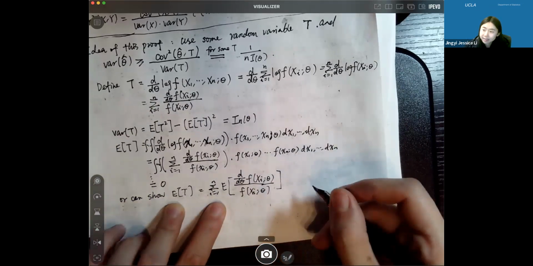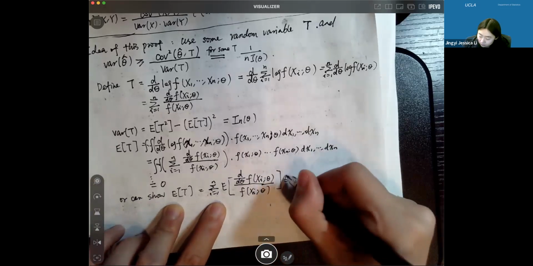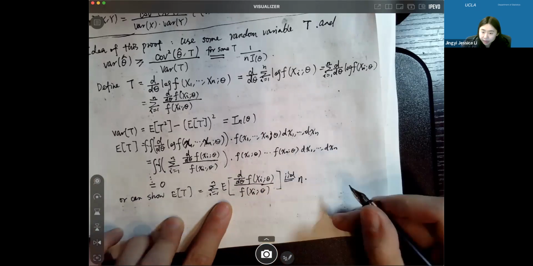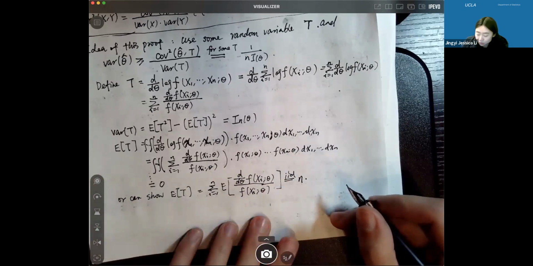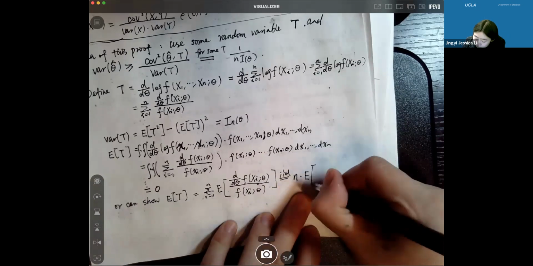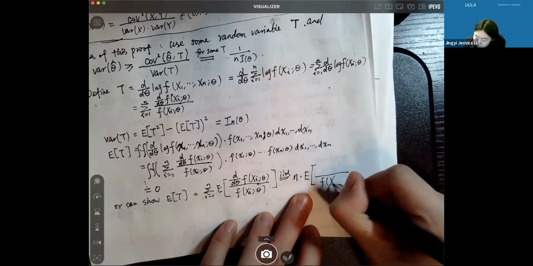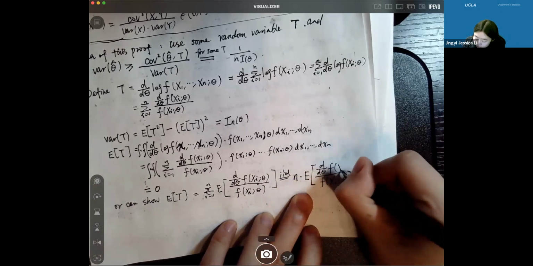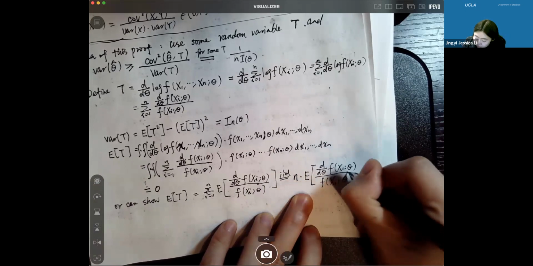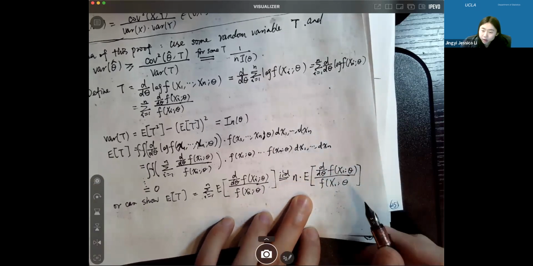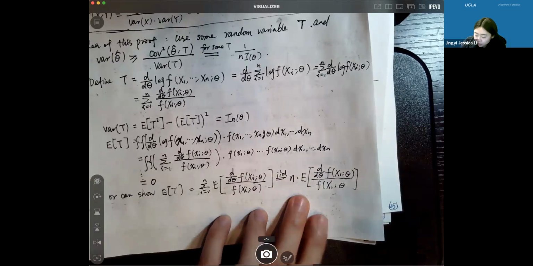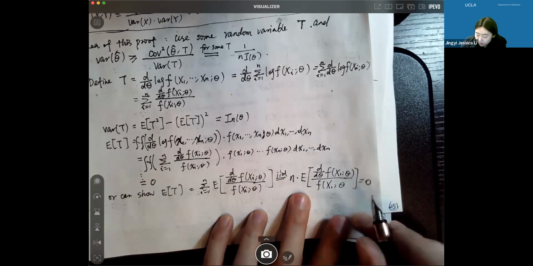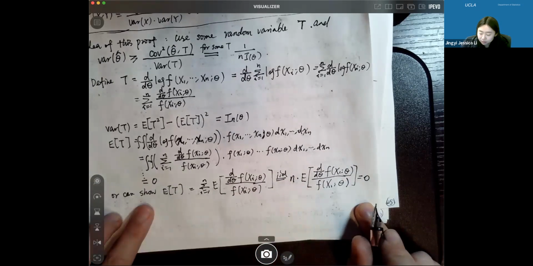Then we use the fact it's IID, so the sum becomes just n times the expectation with x1. And this is equal to 0, which we already showed in the proof of the equivalence of the two definitions of Fisher information. So this holds. This is the simple way to put it.